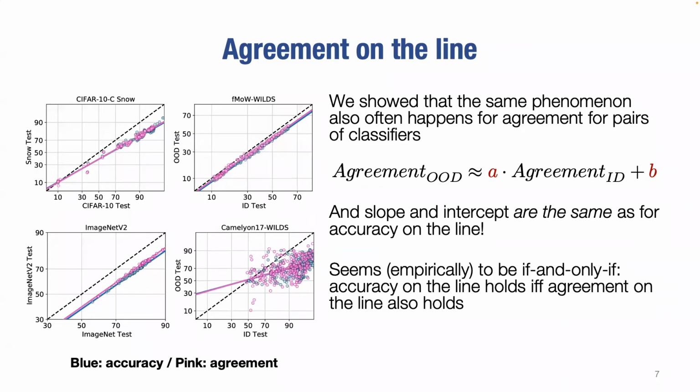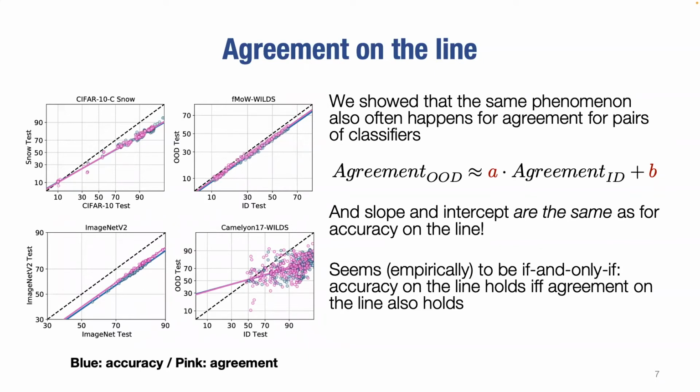And what we find is two really important things. First of all, those agreements, in-distribution agreement and out-of-distribution agreement, also lie on a line, typically. Not always, but they typically do.